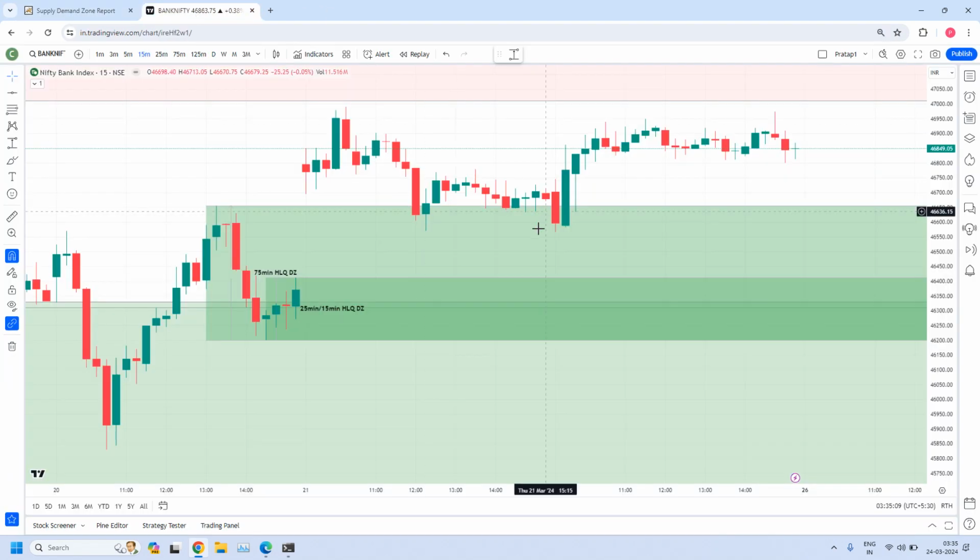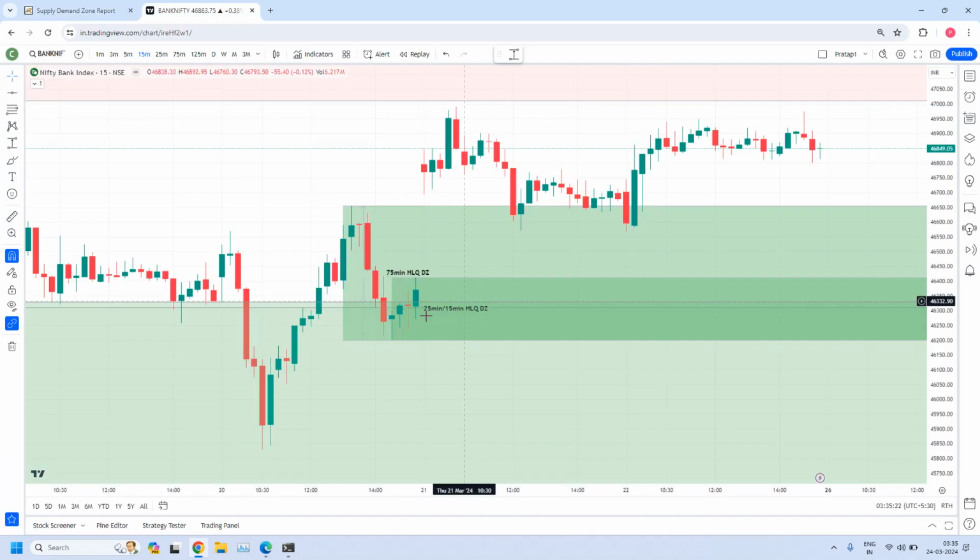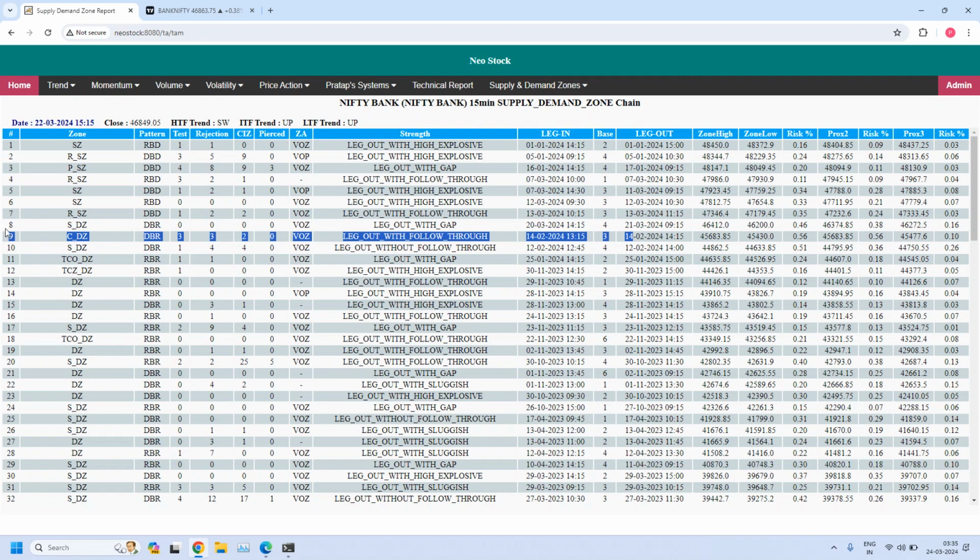I think I went one level below and drew that. Sorry for my mistake. Actually, I am supposed to draw this zone anyway. Fine. Actually, the 9th one I have drawn, not the 8th one. So let's draw. The 8th one is the most recent demand zone, not the 9th one.